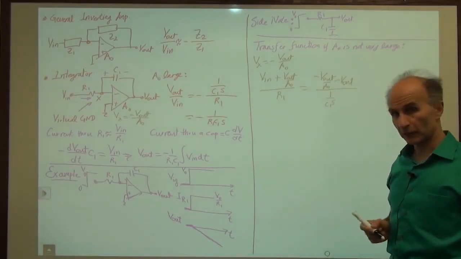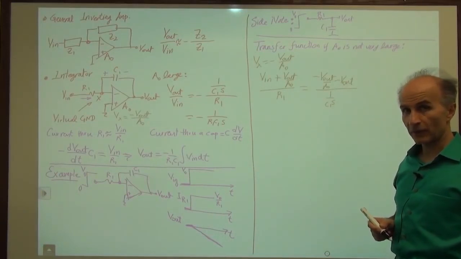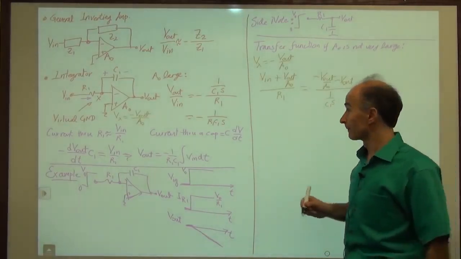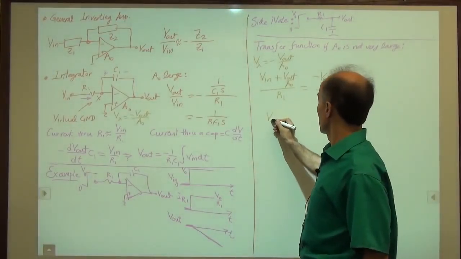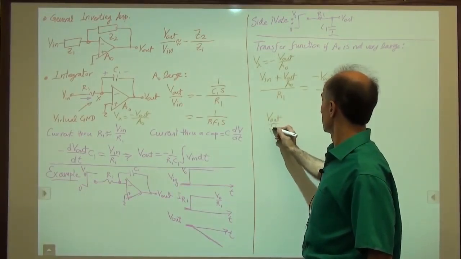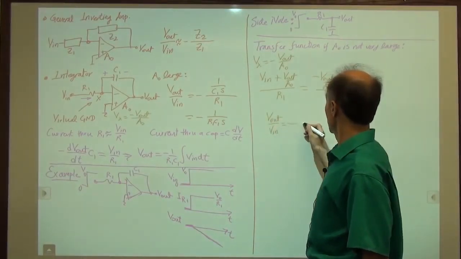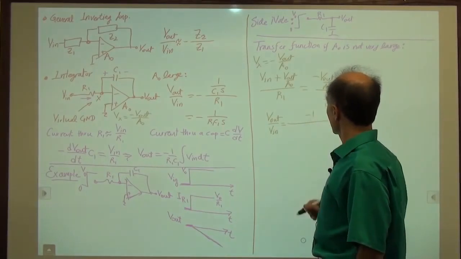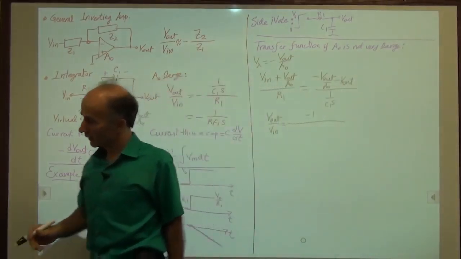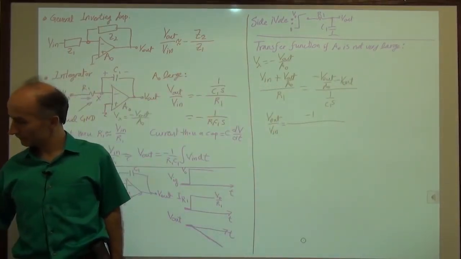So we just have to find V out over V in. That is the transfer function in the general case. So you find V out over V in. It comes out to be minus 1 over, let's see what I have here.